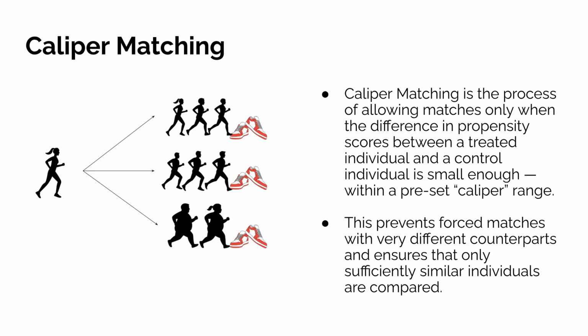Caliper matching is the process of allowing matches only when the difference in propensity scores between a treated individual and a control individual is small enough, within a preset caliper range. This prevents forced matches with very different counterparts and ensures that only sufficiently similar individuals are compared.